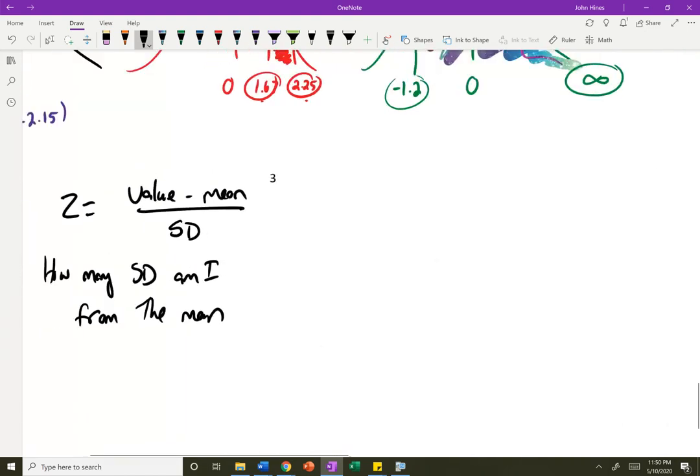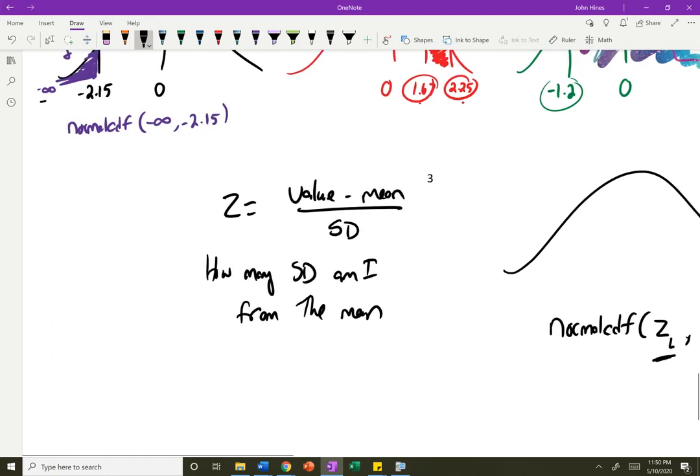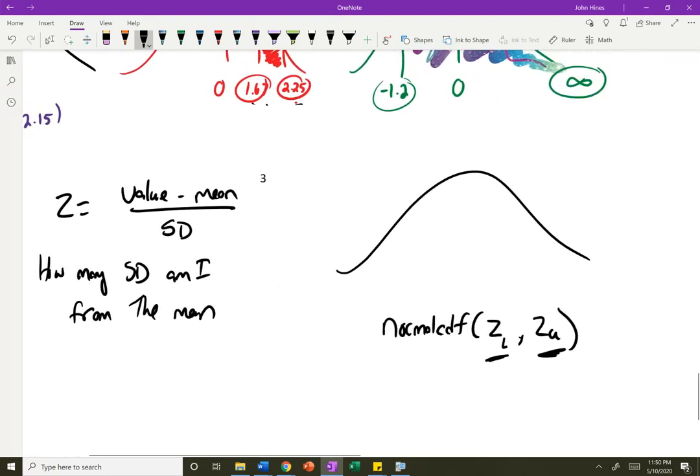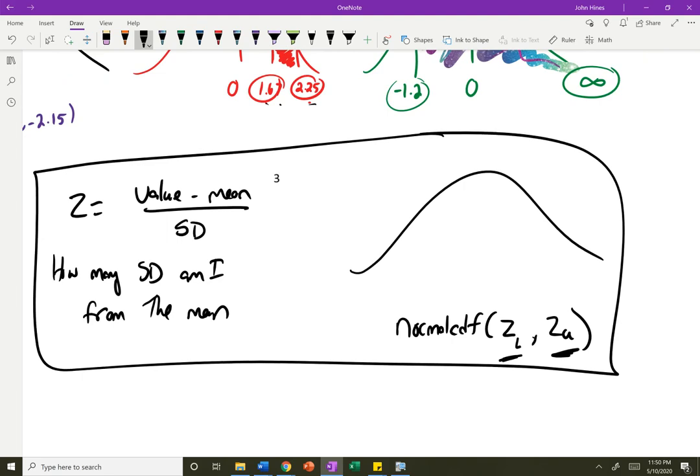And working with a normal curve, you can find a probability or a proportion by using normal CDF. You have your low z-score and your upper z-score. Sometimes they're infinity, like we saw here, sometimes it's negative infinity, or sometimes I give you two numbers. This is what we learned in this lesson: I use my normal CDF button to work with my normal distribution.